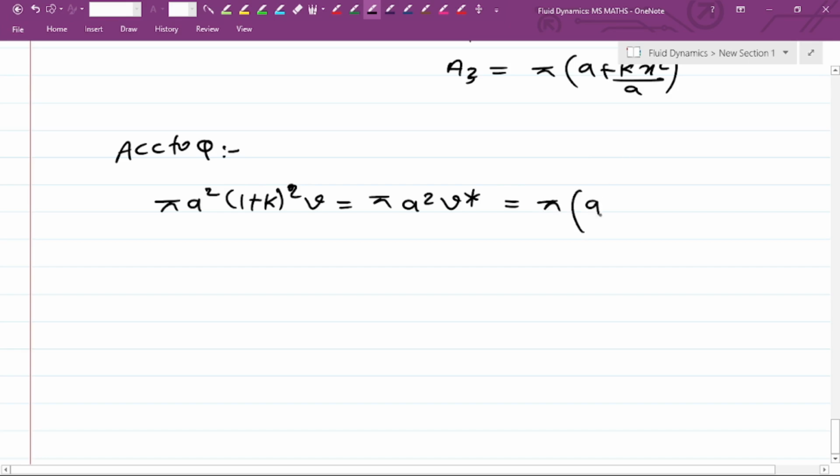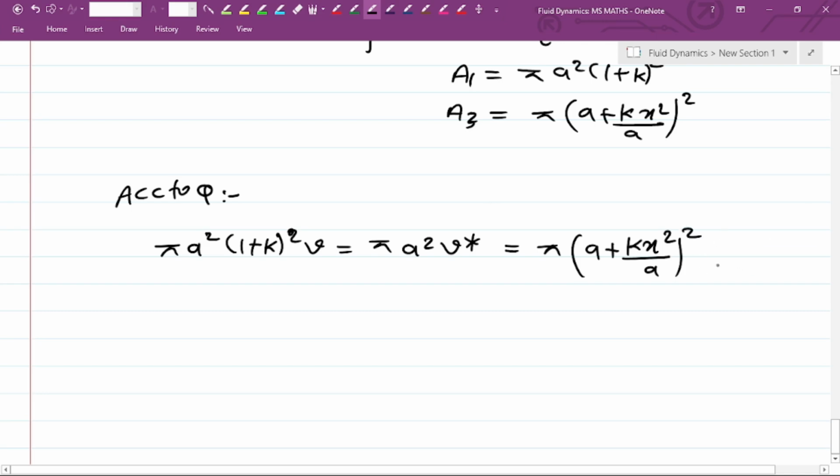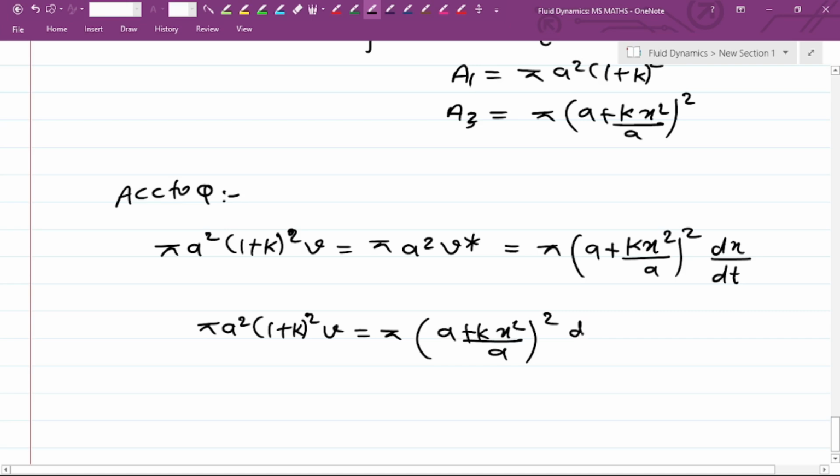That will be pi into a plus k x square upon a, whole square, because it is a radius, equals dx by dt, which is the velocity in this case. So pi a square into 1 plus k whole square into v equals pi into a plus k x square upon a, whole square, into dx by dt.